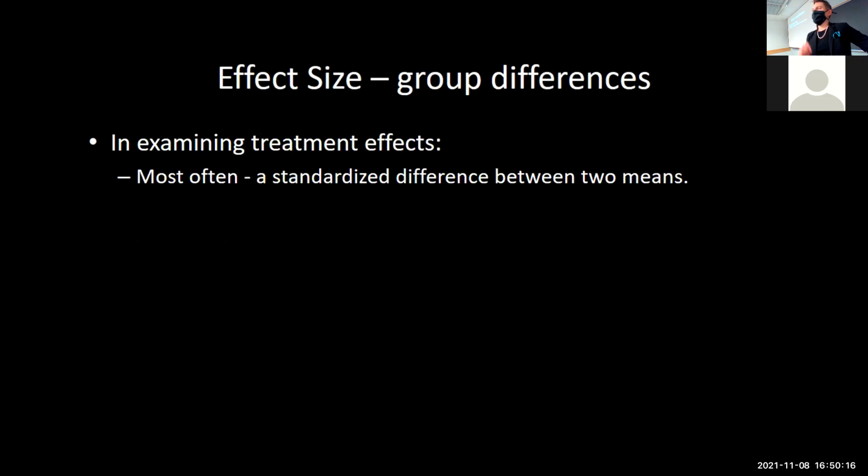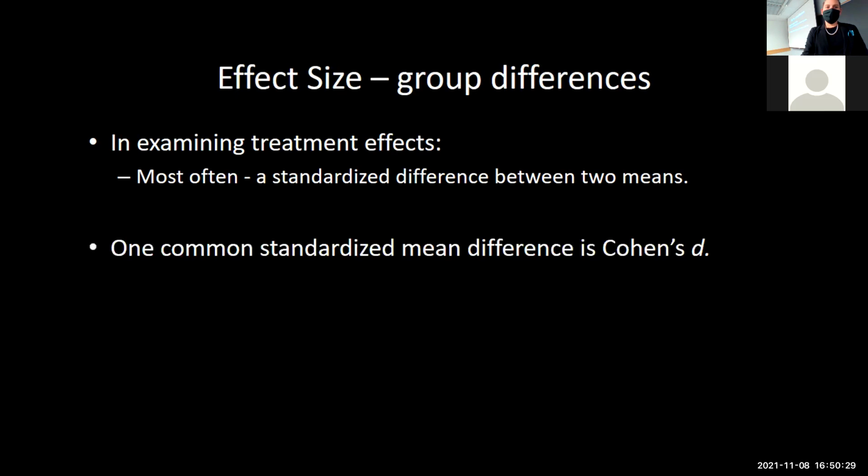Now, most commonly, you'll see effect sizes talked about in terms of group differences. So when we're examining treatment effects from something like a causal research design that we were just talking about, it's a standardized difference between two means. The most common one that you'll see is called Cohen's d effect size.